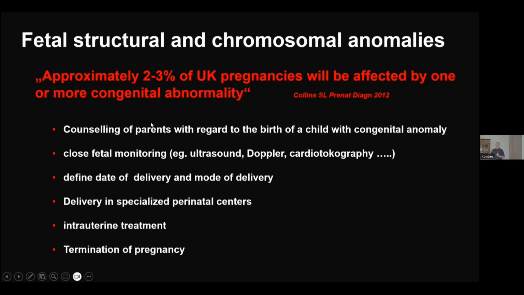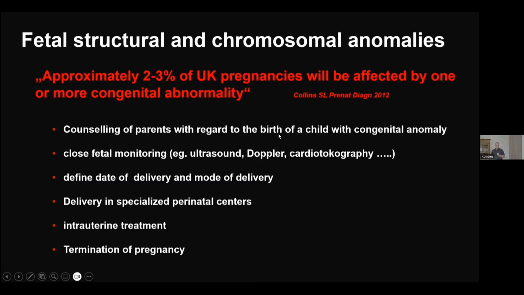And this is very important, only 2 to 3%, but these cases are very important to have a good management for mother and also for the fetus. And therefore, it's also important to make a very good counseling for the parents with regard to the birth.